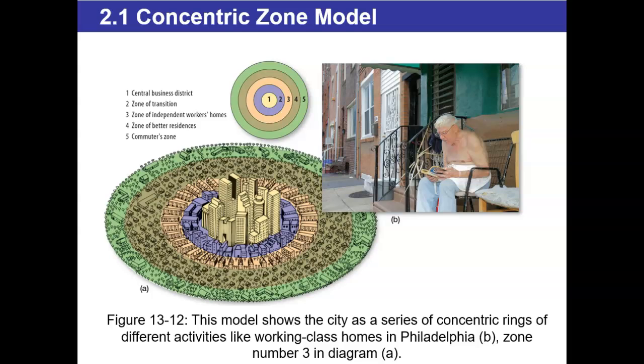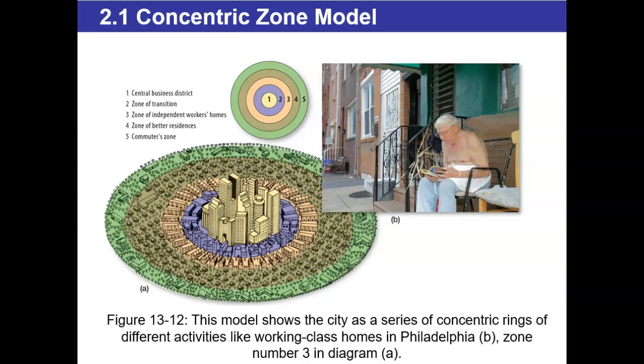The first model, the concentric zone model, has different areas associated with it. You can look at the key associated with this model to find out what each zone specializes in. If you look at region A, according to this model, a city grows in a series of rings that surround the CBD.